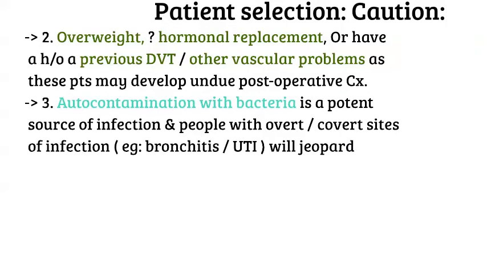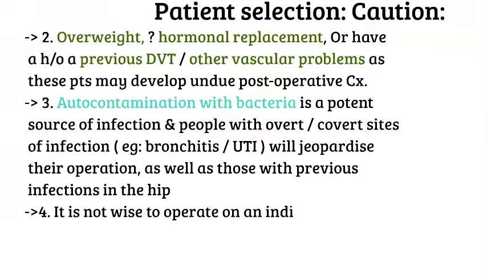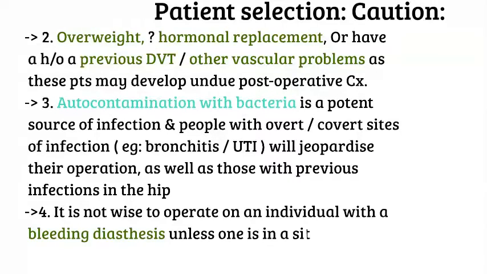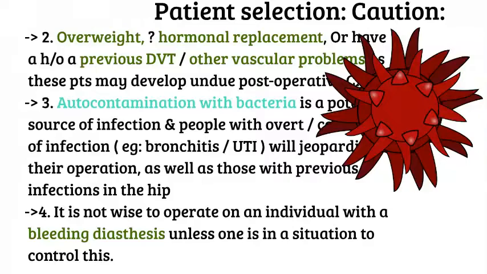Number 3, autocontamination with bacteria is a potent source of infection, so people with overt or covert sites of infection, for example a patient who has bronchitis or a urinary tract infection, will jeopardize their operation, as well as patients with previous infections of the hip, due to the presence of bacteremia.